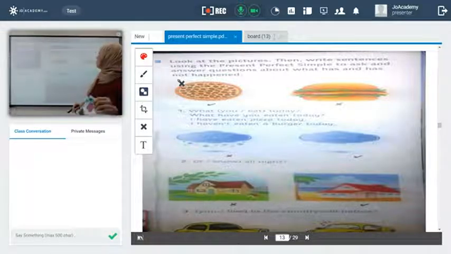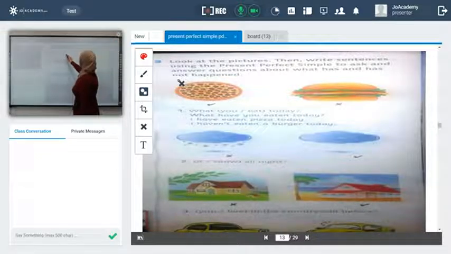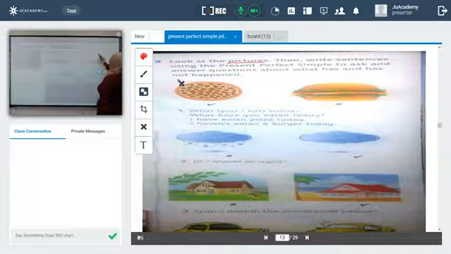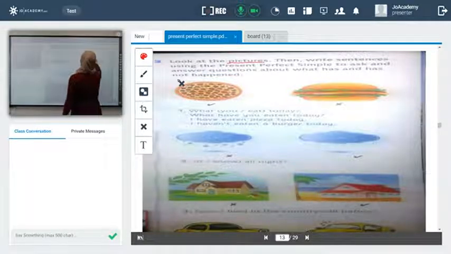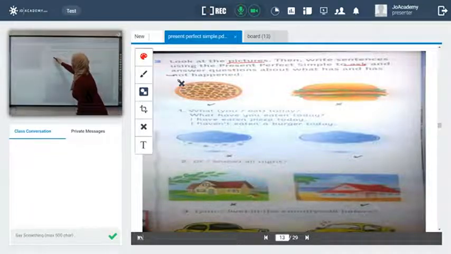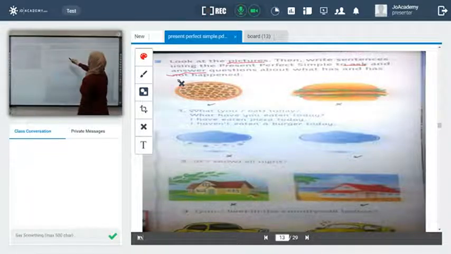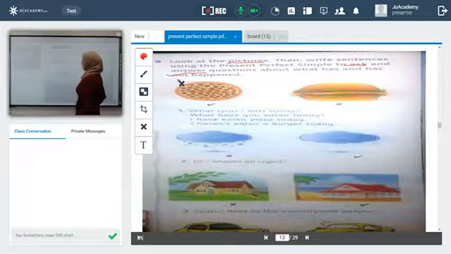What are we going to do in this exercise? You're going to look at these pictures. Then you're going to write sentences using the present perfect simple to ask and answer questions about what has and has not happened.